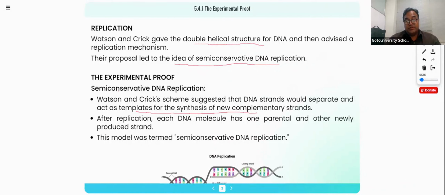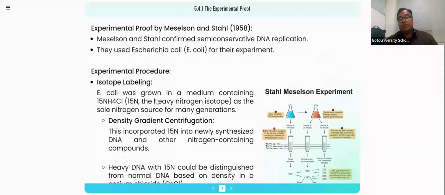So now we are entering into the next important concept, the Matthew Meselson and Franklin Stahl experiment. In this experiment, we are using ammonium chloride which has 15N. 15N and 14N are isotopes, 14N being the light isotope.